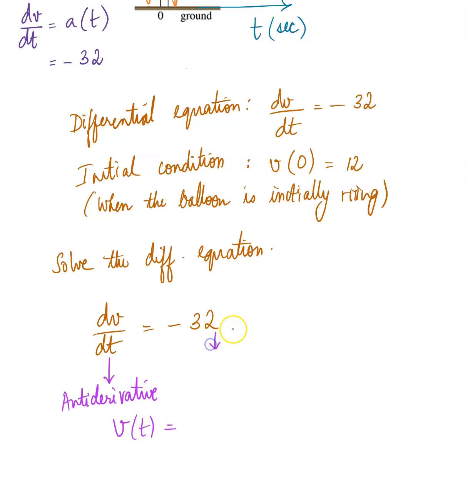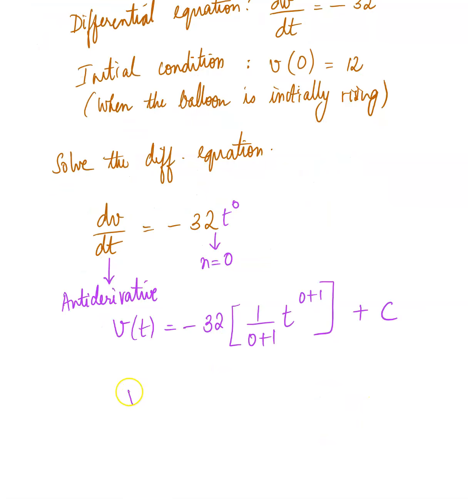So here we know that this is t, right? There's no x here, but it's t. That would be t to the power 0, so it's like n is 0. So that will be negative 32, 1 over 0 plus 1, t to the power 0 plus 1, and of course plus c. v of t is negative 32t plus c.